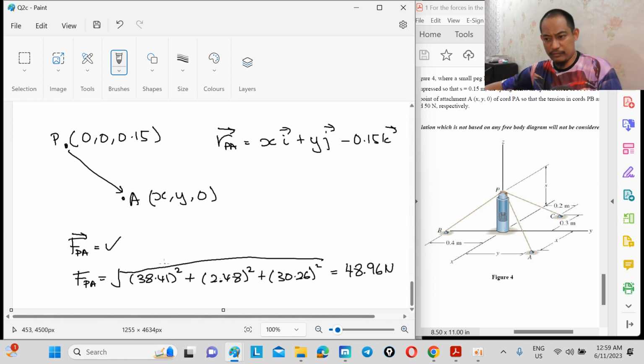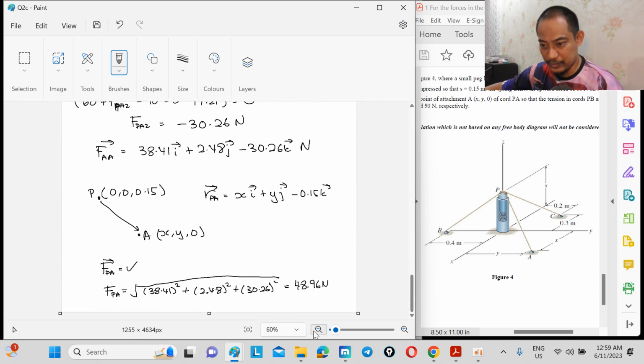Now, if you have these two, again we have to expand the paper.